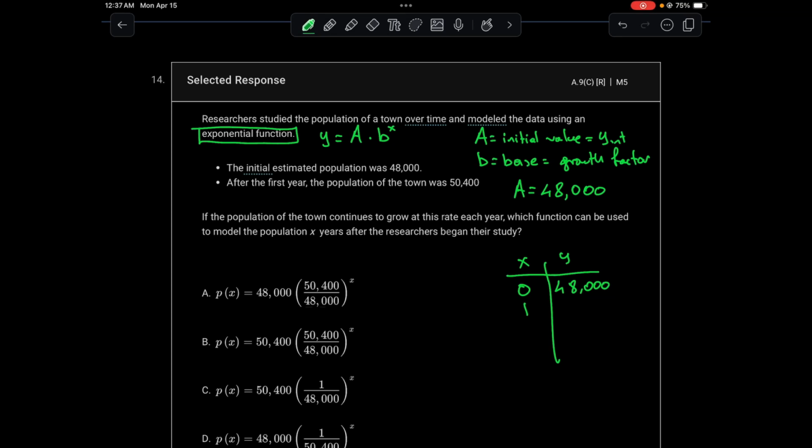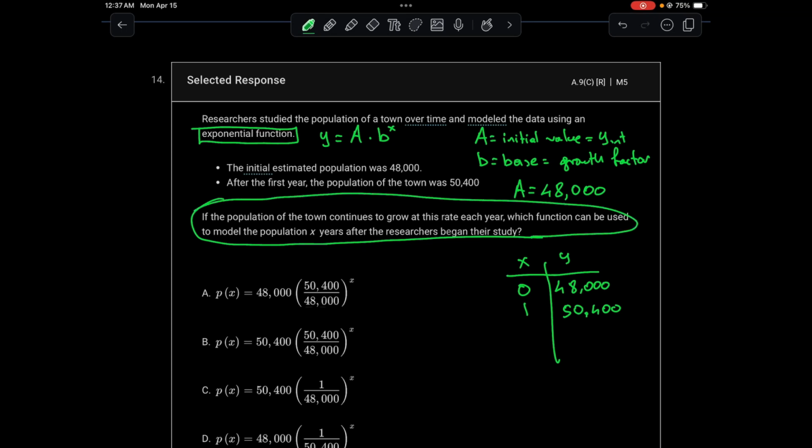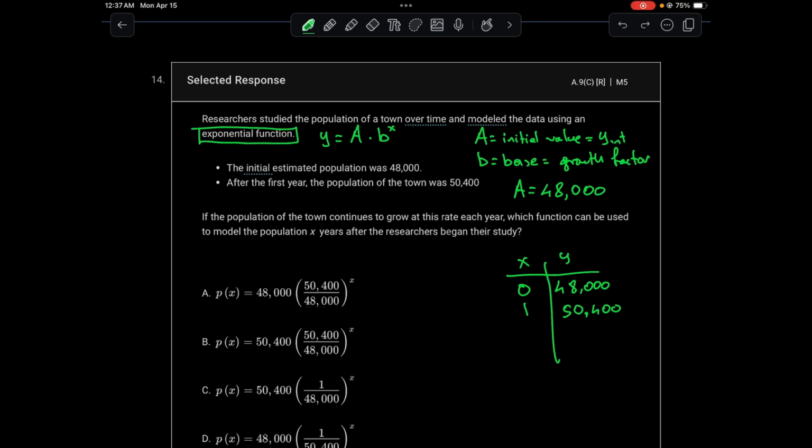Every year we multiply times the base. The first year is 50,400. So we have 2 points. If the population of the town continues to grow at this rate each year, which function can be used to model the population x years after the researchers began their study?